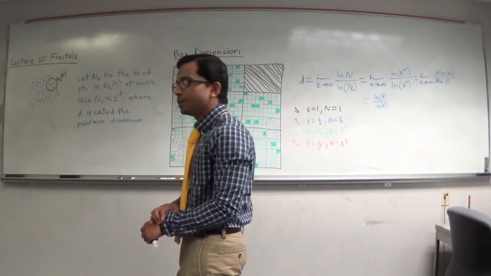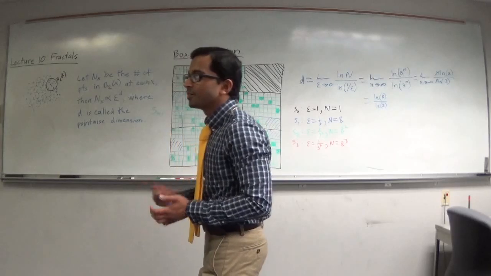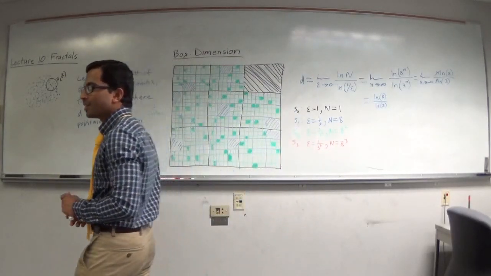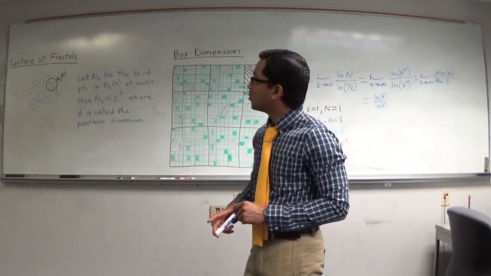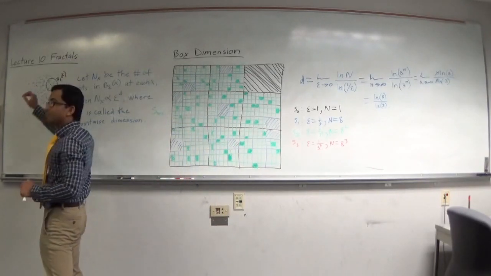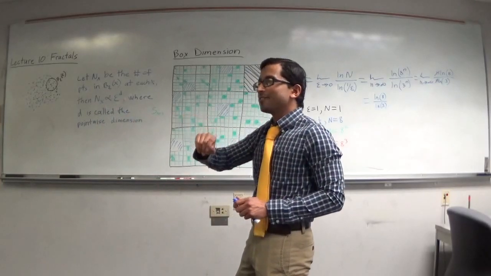So how do you think we should do that then? Could you break it up into infinitely many balls? Okay, so infinitely small balls, yes, that would be a way to calculate it, but we can't do that in real life, obviously.